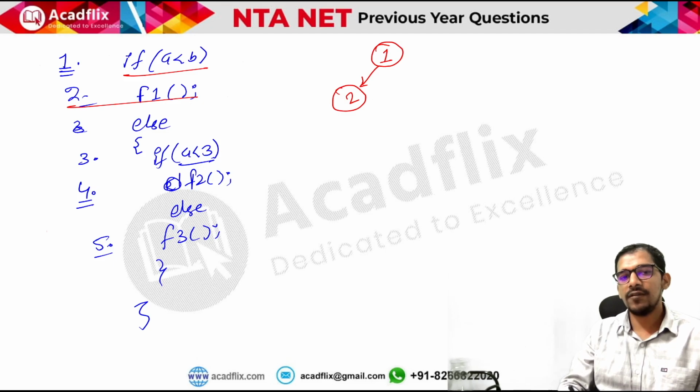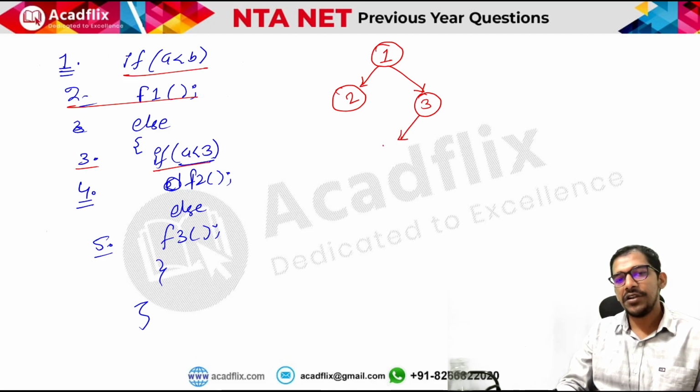If the condition is false, then again we have a conditional node. Statement number 3 is also a predicate node. From statement number 3, we can go to statement number 4 if the condition is true, and we will call the function f2. Otherwise you will call the function f3, like this.